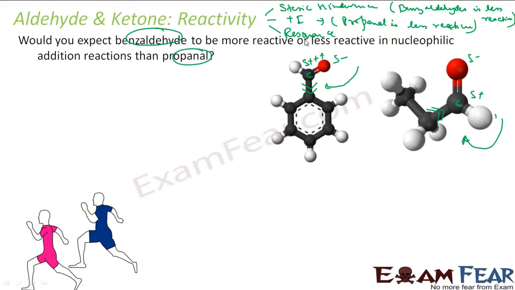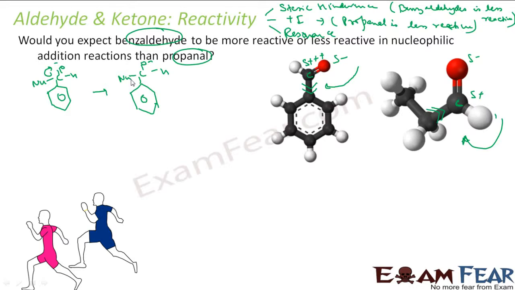So let's see what happens if a nucleophile attacks this benzaldehyde. Let's suppose a nucleophile attacks, this becomes a minus charge, and this is the nucleophile here. Then you get this compound, with O minus, H and the nucleophile.